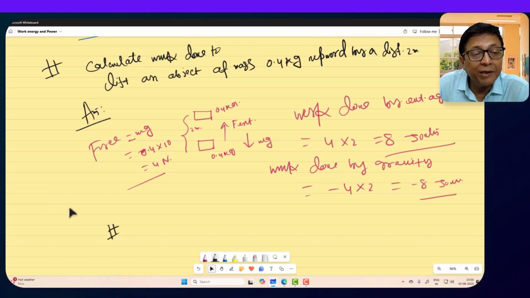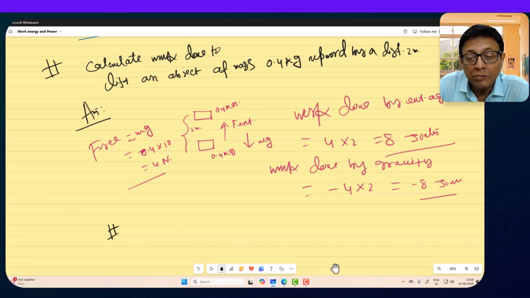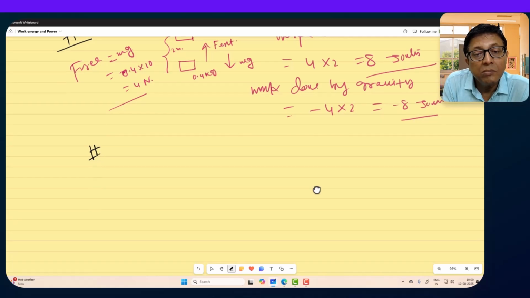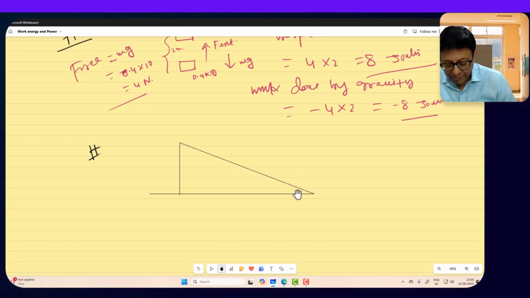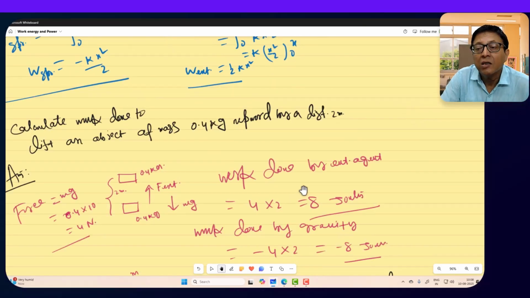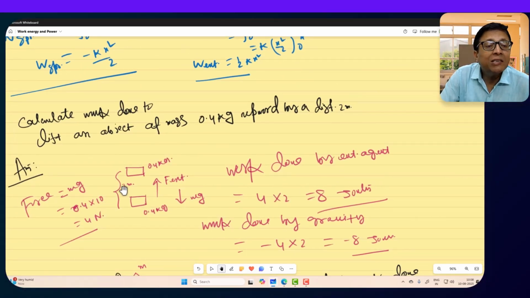On the inclined plane, this is an inclined plane. Assume everything is uniform here. For this sum, remember the object is being moved slowly.